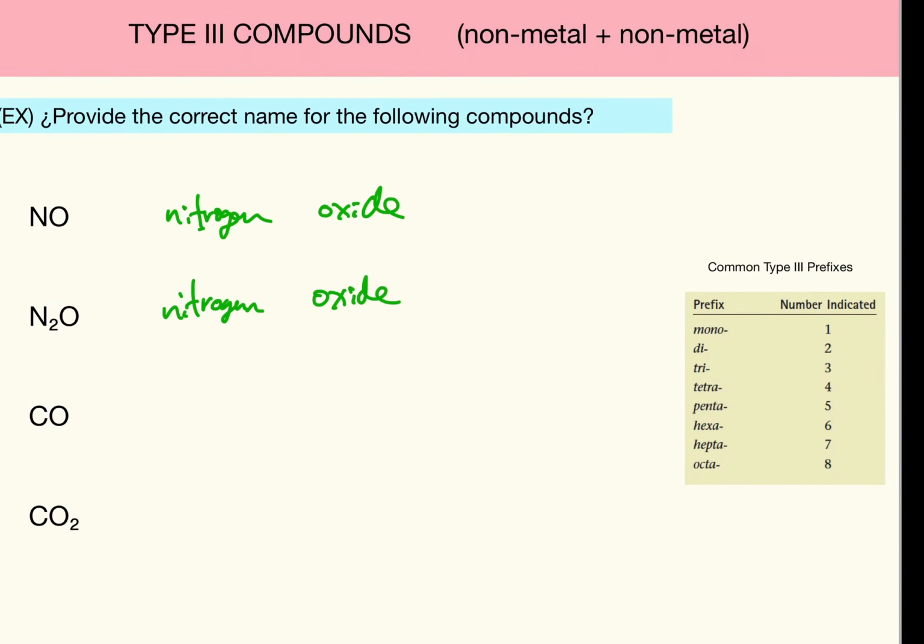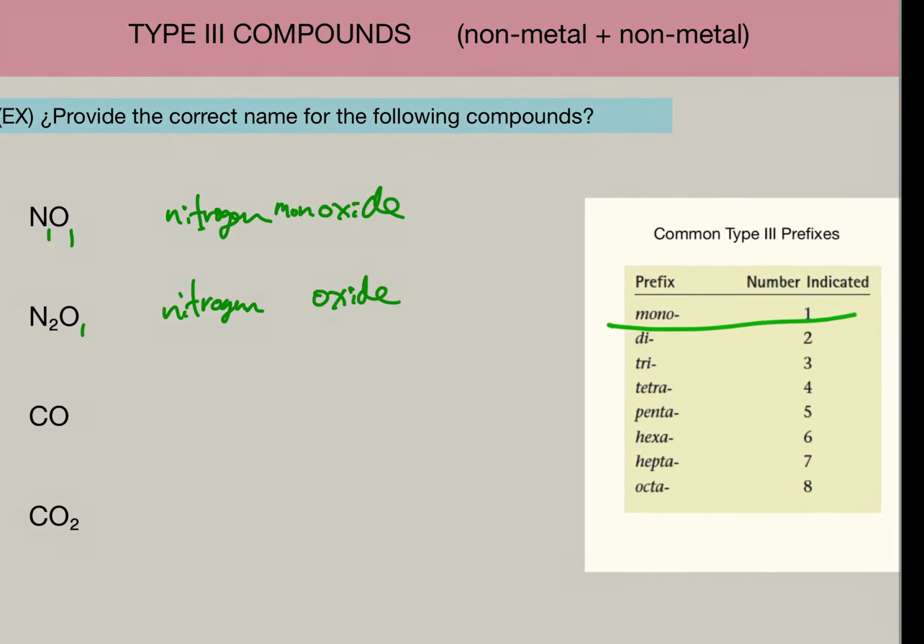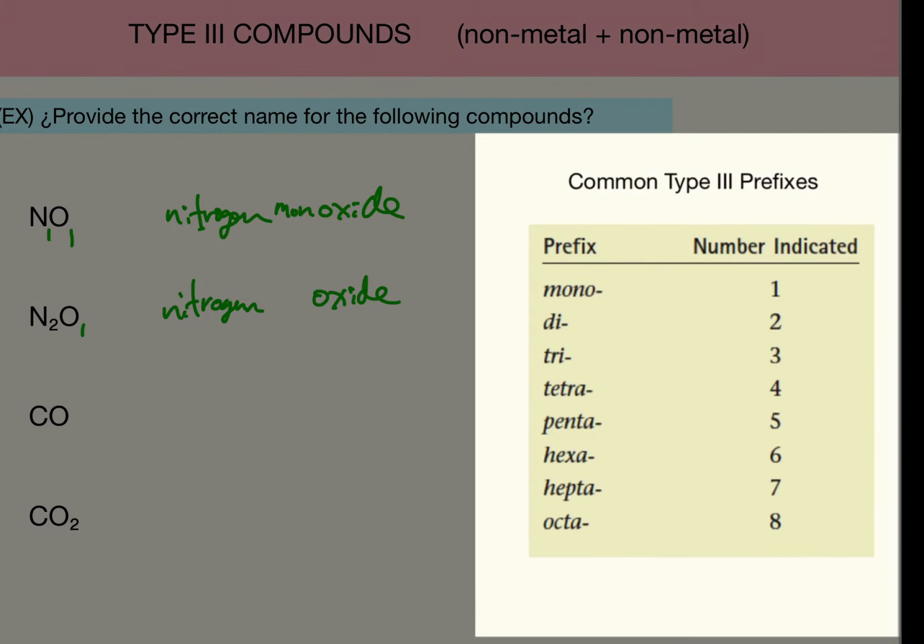Continuing on. If I draw the subscript, I have nitrogen monoxide. Mono meaning 1. What are the other prefixes?